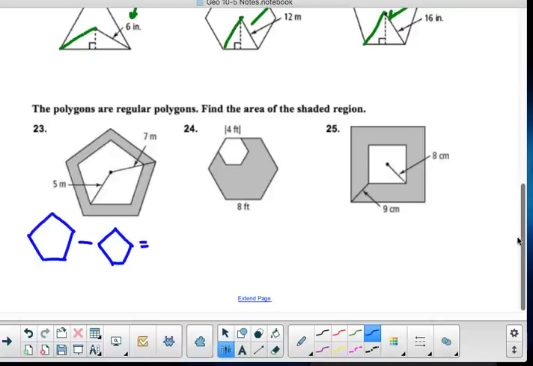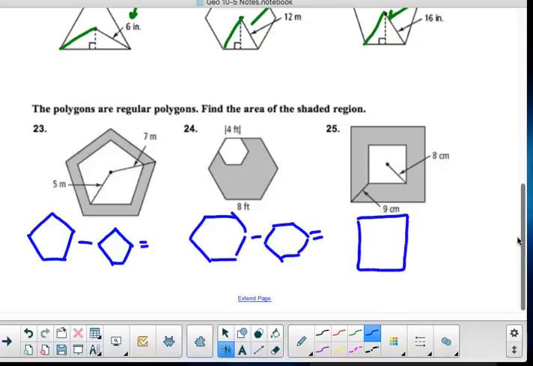Here, you're going to have a hexagon minus a smaller hexagon to get the gray shaded region. Here, you're going to have a square minus another square. And keep in mind, these are diagonals or parts of diagonals. That's my hint. And you're going to use A is equal to 1/2 diagonal 1 times diagonal 2 to get that done. That's a multiply, by the way.